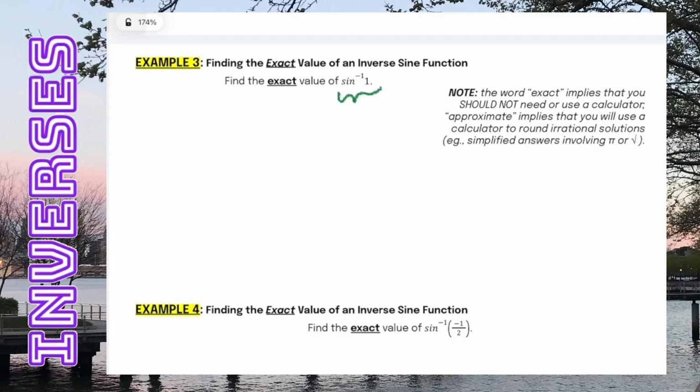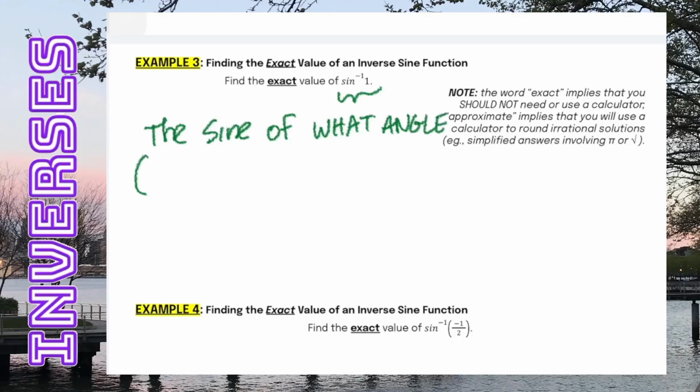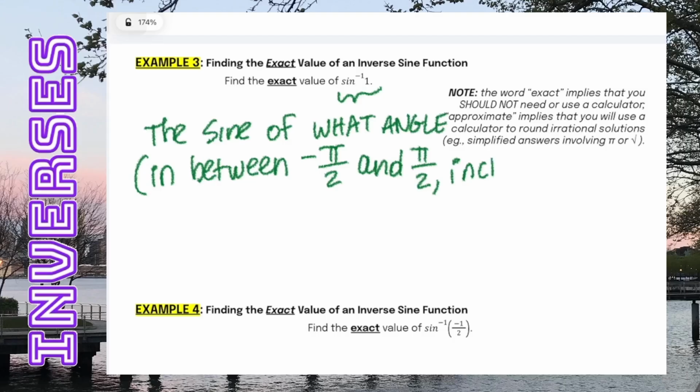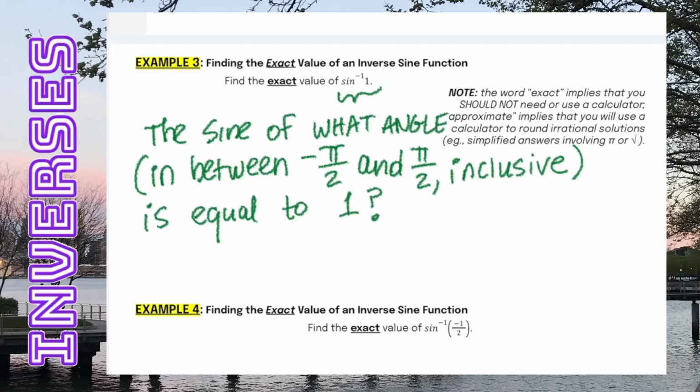Now, how do I read this question? The way you read this question is: the sine of what angle in between negative pi over 2 and pi over 2, inclusive, meaning including those, is equal to 1.